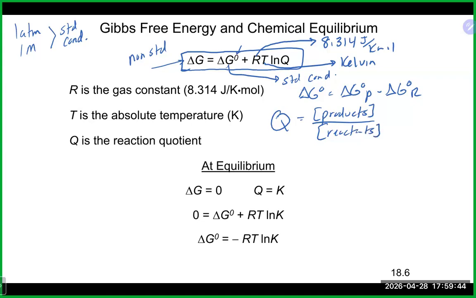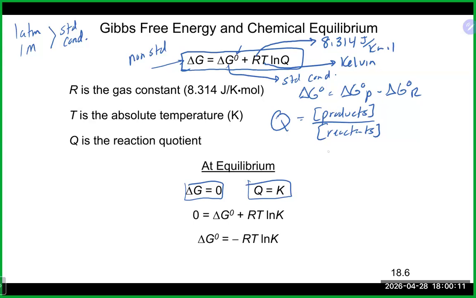So we've seen a few different types of delta G formulas. This is the one that has anything to do with non-standard conditions. This is the delta G formula that you probably want to use. Now, if you're at equilibrium, a couple of things happen to that equation. The delta G does equal 0, and Q would actually be the equilibrium constant at that point.